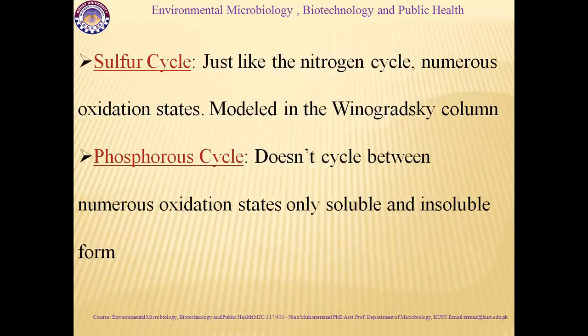Similarly, the sulfur cycle, which we have studied in our previous classes in detail, just like the nitrogen cycle, has numerous oxidation states, modeled in the Winogradsky column. The phosphorus cycle is also an essential element and does not cycle between numerous oxidation states, only soluble and insoluble forms.